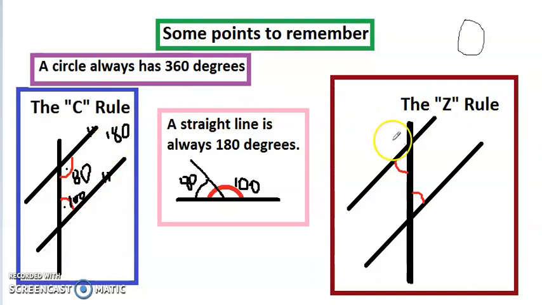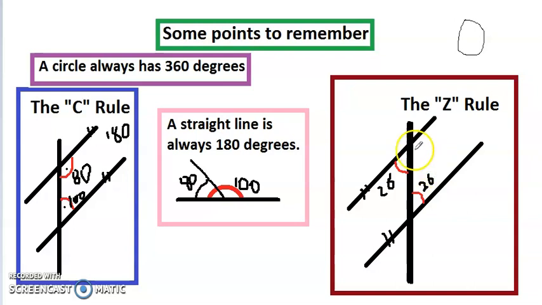Anyway, the Z rule. The Z rule is also very simple, you just have to remember it. So any angle, now these two lines are also parallel, this line and this line have to be parallel, and this is one straight line that's cutting through. Okay, so now the rule states that this angle, that is to say one edge of the Z, will always be equal to this edge of the Z. What I mean by this is that, for example, if this angle is 26 degrees, then this angle will also be 26 degrees.